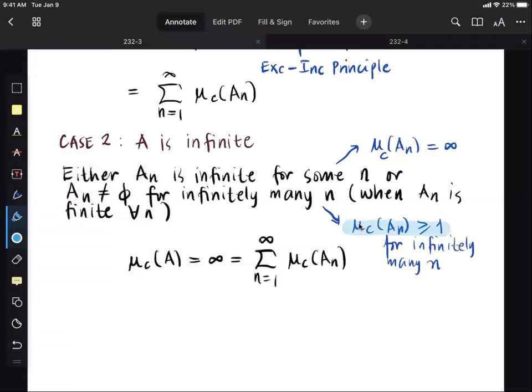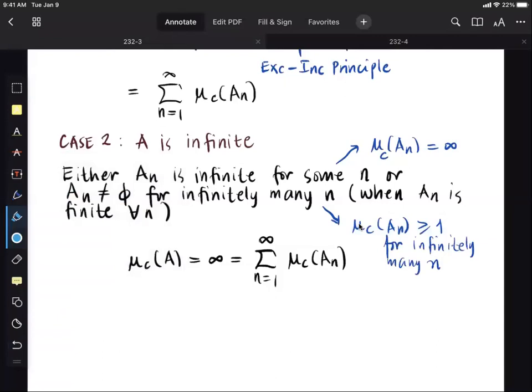So you add distinct singletons infinitely many times. Therefore, you would get an infinite series, or a series whose sum would be infinity, meaning it would be divergent.